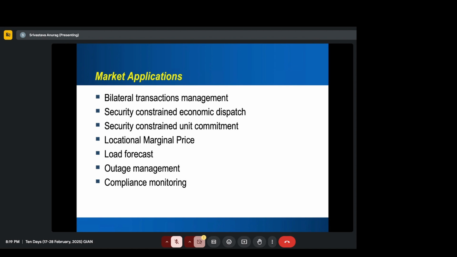So if the line is overloaded, the cost will be different. If the line is not overloaded, the cost will be the same at both ends. Then the load forecast and the outage management are the same as before.